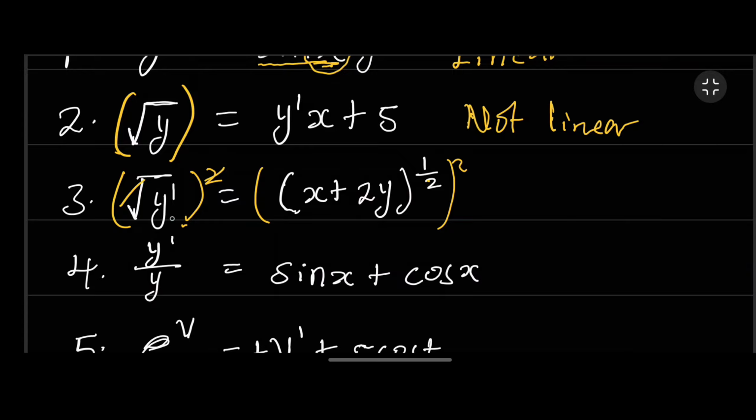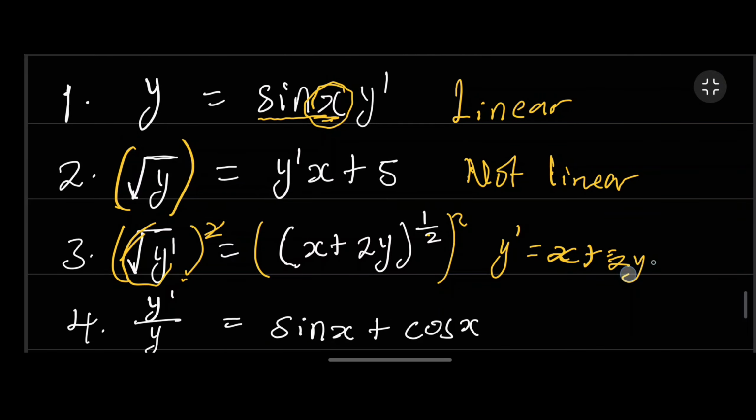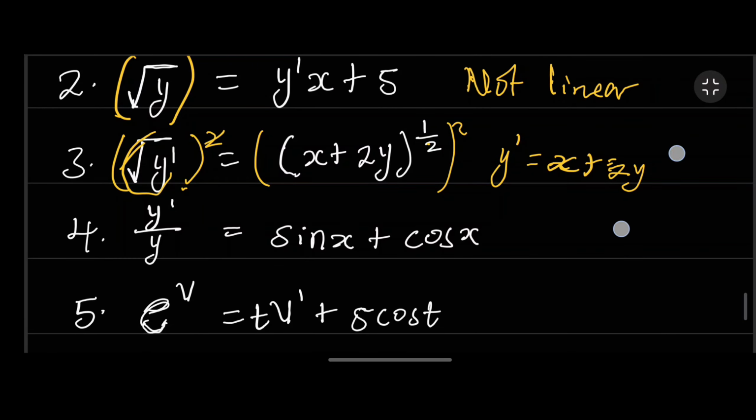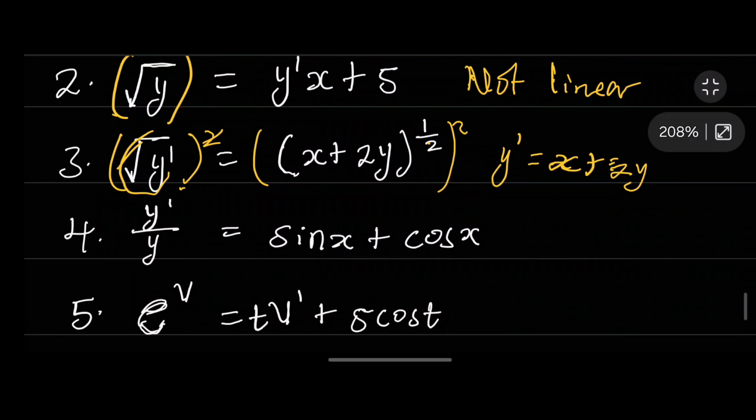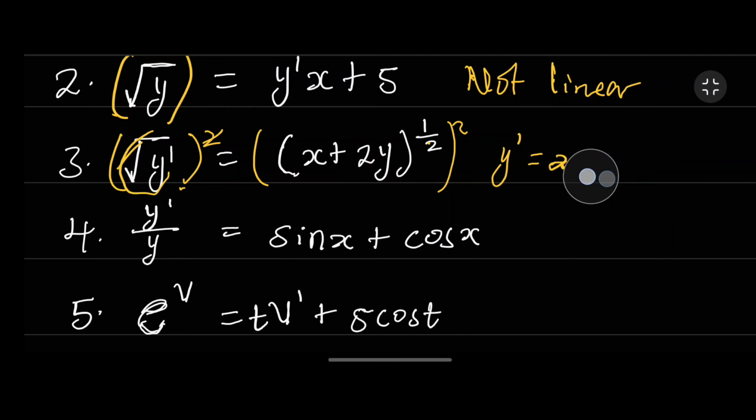So in this case, we have y prime to the power 1 after we apply the square, equal to x plus 2y, just 2y. So this is linear, but it looked non-linear. If we had concluded early by just stating that we saw an exponent of half, so it can no more be linear, we would have missed the point. So this is linear.